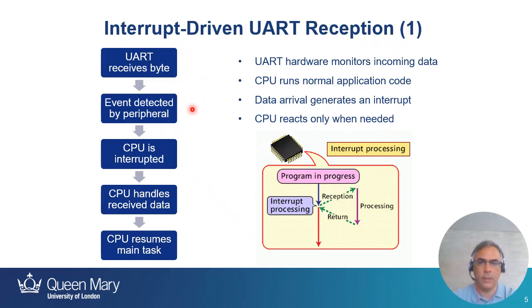This causes the CPU to be interrupted. The CPU then handles the received byte, typically by reading it and storing it in the memory. After that, the CPU resumes the main task it was executing before. Let's see on the next slide how STM32 microcontrollers handle it.